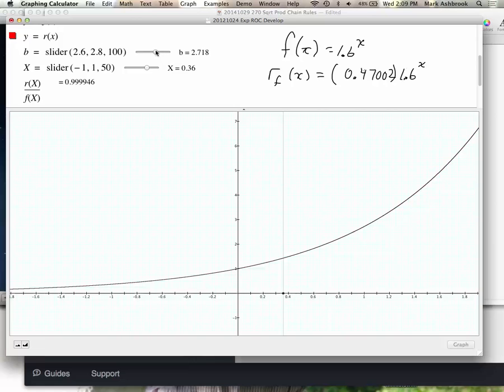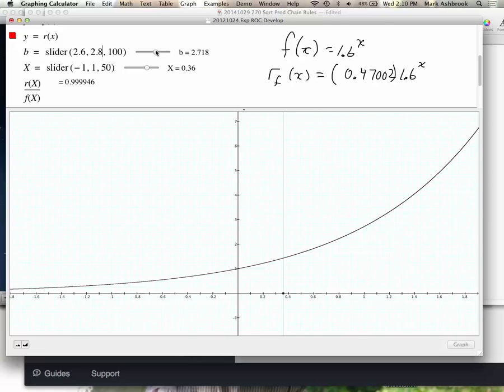That's a lot of 9s. So maybe with the amount of precision I have here, this is as close as we can get. Somewhere around 2.718, the rate of change function is 1 times the original function, or equal to the original function.